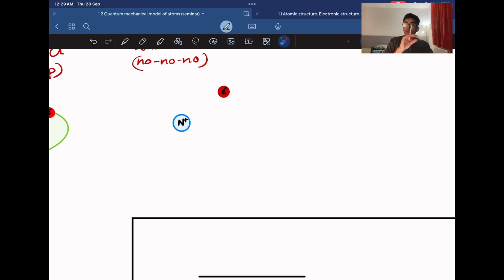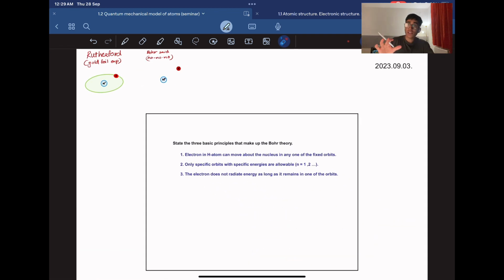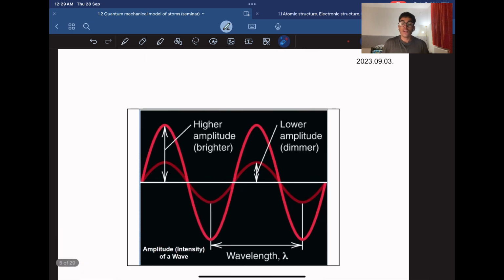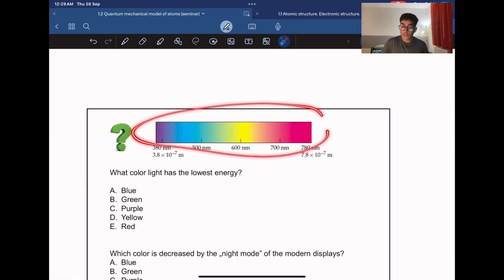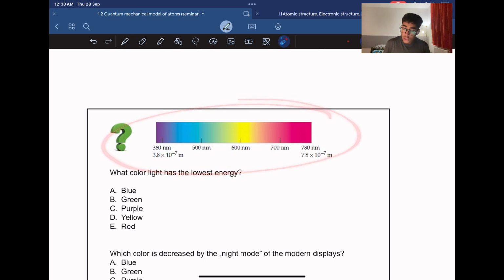And when it loses energy in that smooth fashion, it's going to create a very smooth visible emission spectrum. So basically the emission spectrum is going to look something like this, since it's losing energy in a gradient.